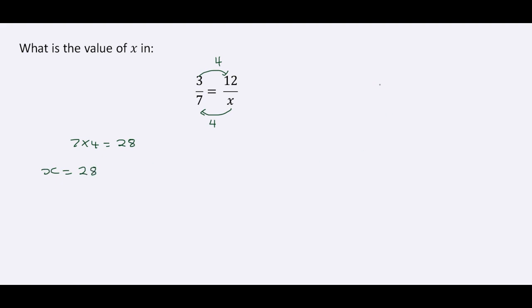Now let's use the other method. We have 3 over 7 equal to 12 over x. Now we're going to use the cross product approach right here. And so what that means to us is we have 3 times x equal to 12 times 7.